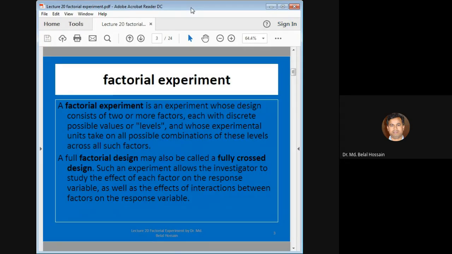So here we will discuss about factorial experiment today. Okay, not that CRD we studied in our previous class that was discussed with the name ANOVA.